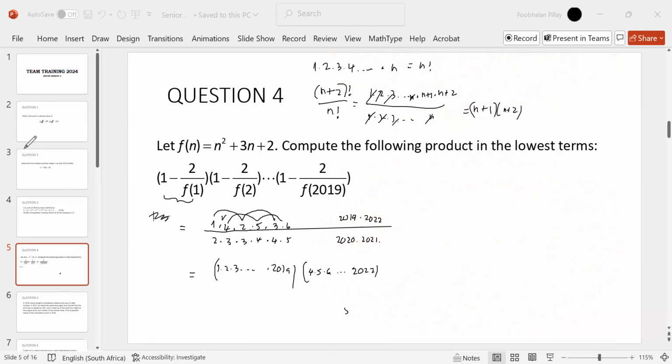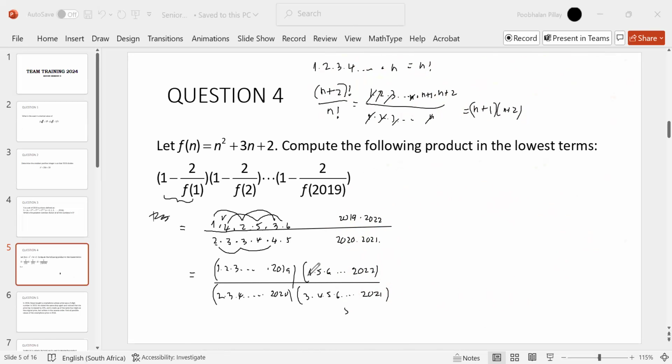The denominator is, well, again, alternate: 2 times 3 times 4, and so on, up to 2020. And the other one will be 3 times 4 times 5 times 6, all the way up to 2021.